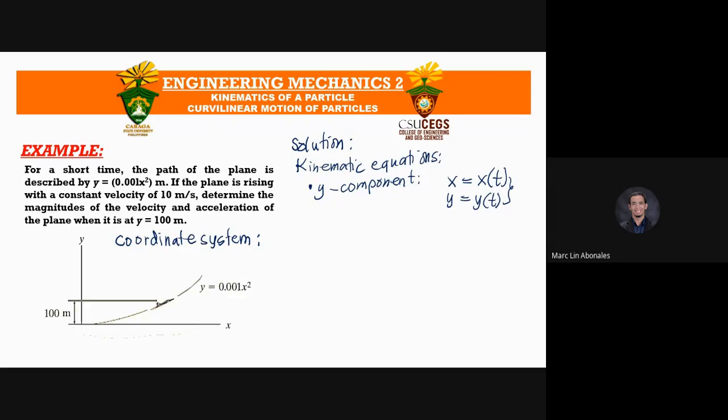Ang 10 meters per second is actually the value of your Vy. Ang atong problemahon na lang is si Vx or the x component of your velocity. So, what do you mean of the constant velocity? Unsa man ang pasabotan na kung ang velocity is constant? If ever mag-determine ta sa iyang acceleration, what will be the value of your acceleration if the velocity is constant?